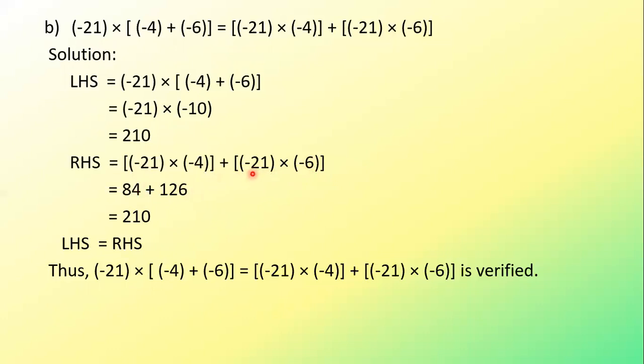And what about the sign? Here also two negative integers, so when we multiply, the answer will be positive. That means 84 and 126 both are positive. So we add them and get 210 as the answer. Here also we are proving that LHS is equal to RHS. So this question is also verified.